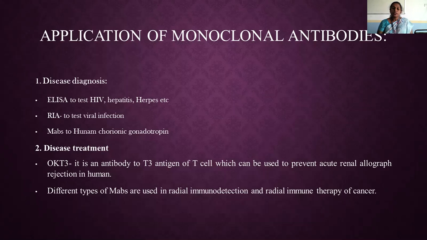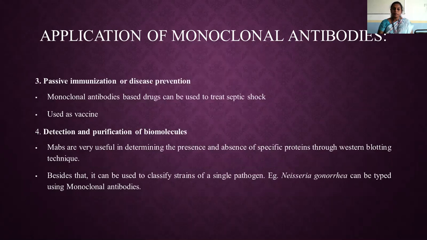Different types of monoclonal antibodies can also be used for radioimmunodetection and radioimmunotherapy for cancer. The other applications involve passive immunization or disease prevention, where monoclonal antibody-based drugs can be prepared for septic shock, as well as being used as a vaccine.